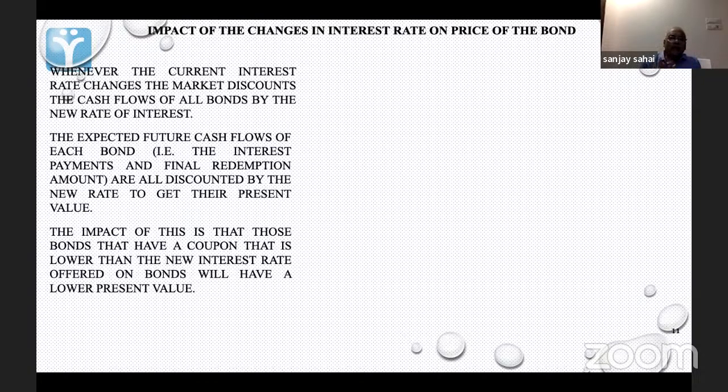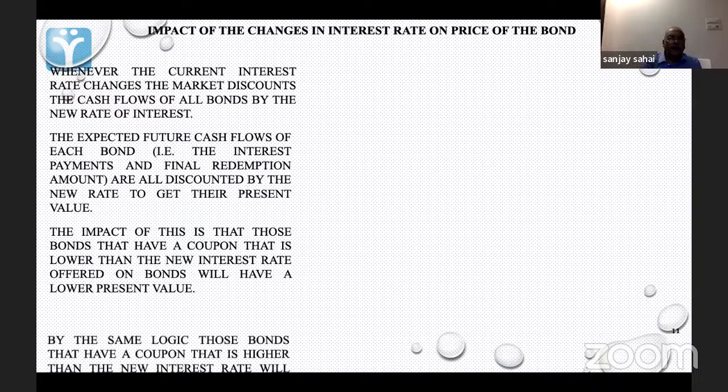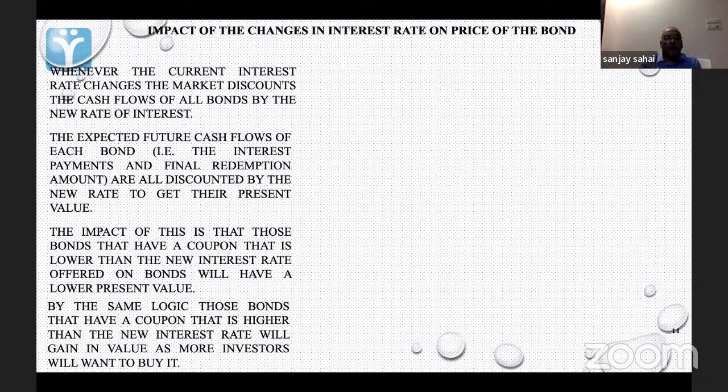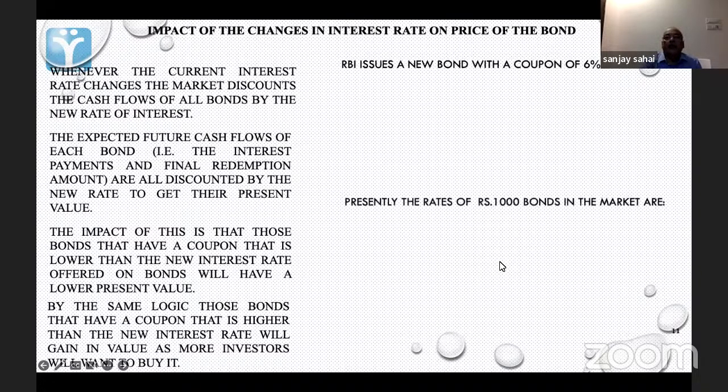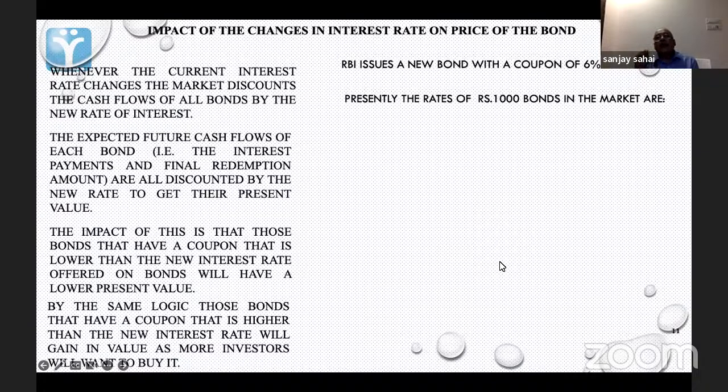So the impact of this is that bonds that have a coupon that is lower than the interest rate offered on bonds will have a lower present value. So we will see how this works. By the same logic, those bonds that have a coupon that is higher, उस केस में क्या होगा कि they will gain in price.